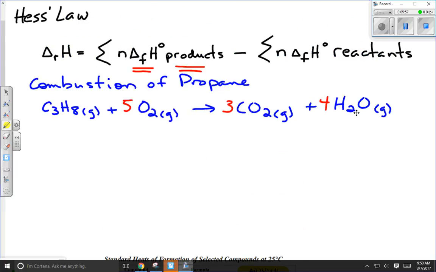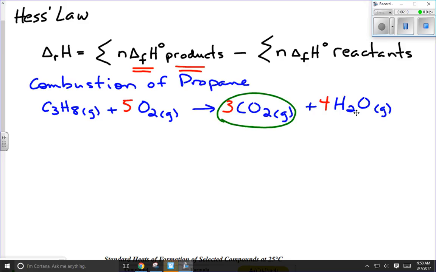So here we go. We're now going to get into the calculation. We're going to start with our products, and our products are CO2 and H2O. So what we need to do is add up all of our products. The first product we have here is 3 moles of CO2.